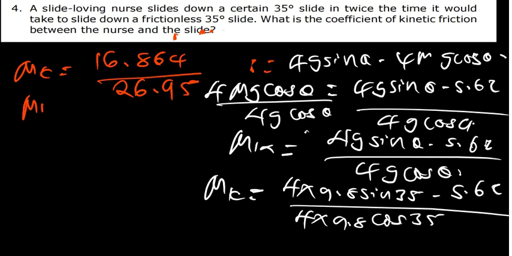So the mu k is going to be 16.864 divided by 26.95. So I'm getting my answer to be 0.62. That is my mu value.